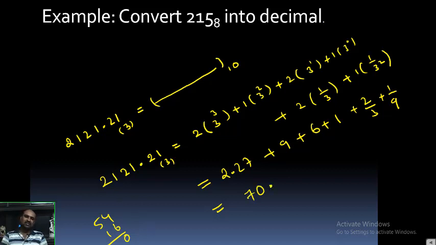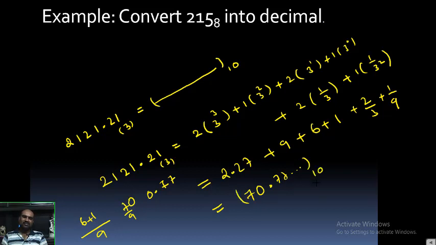Now I want to simplify that. So LCM is 9. 3 threes are 6 plus 1, 7 by 9. General division only, 0.77 and so on. So what I can say, 70.77 and so on in base 10.